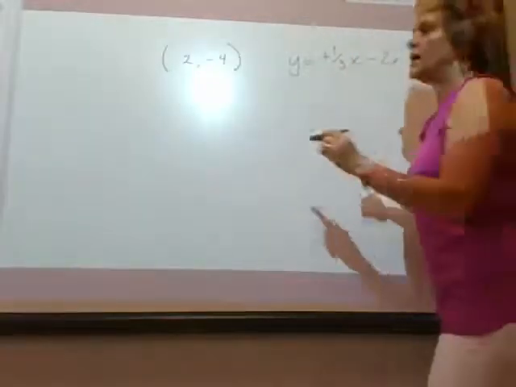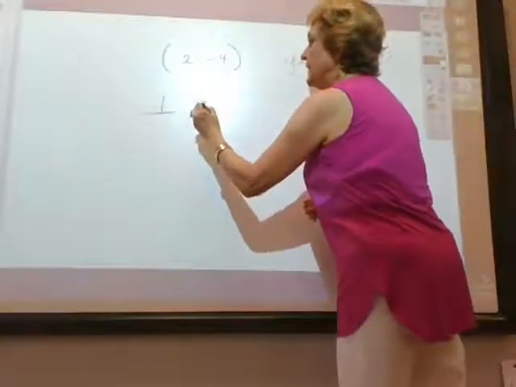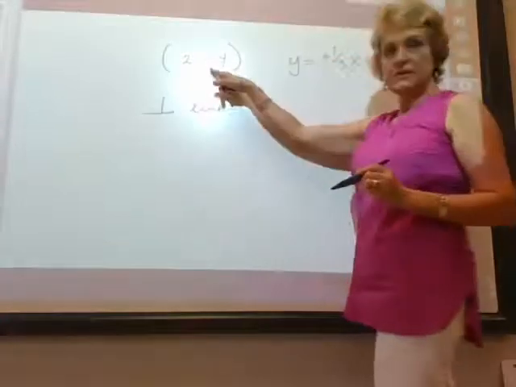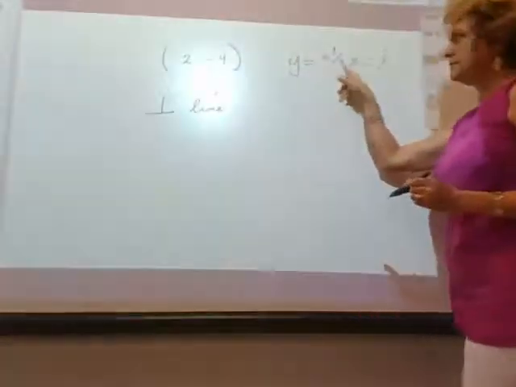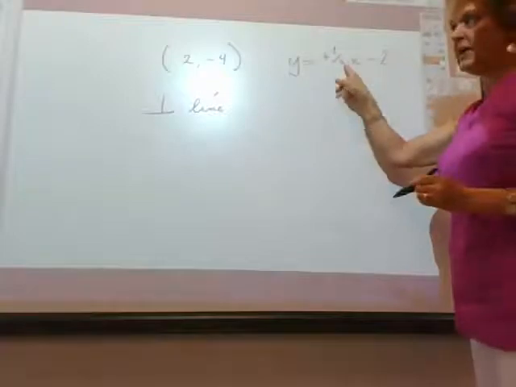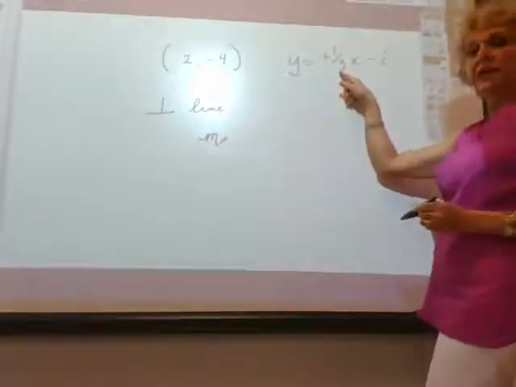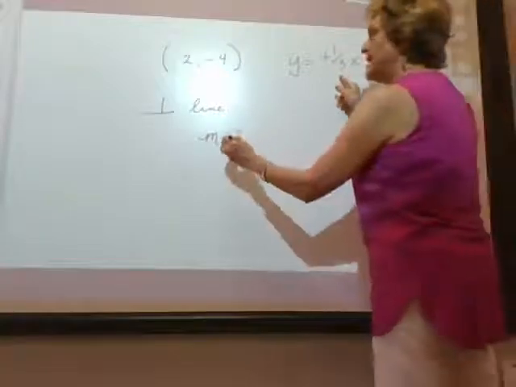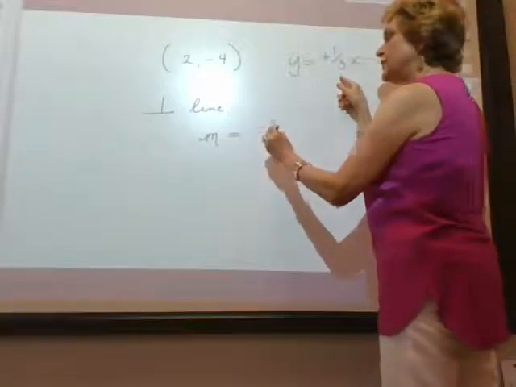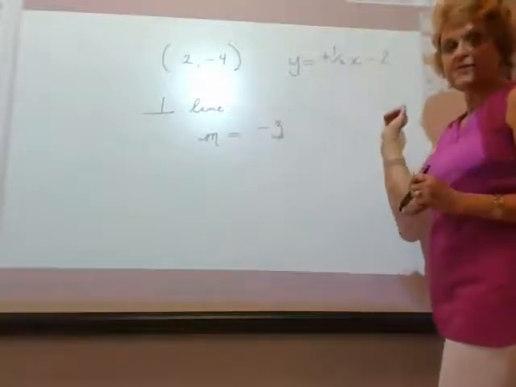All right, and I want a perpendicular line through this point, perpendicular to this line. So what is the slope that I'm going to use? Not 1/3, but -3/1, which is just -3.